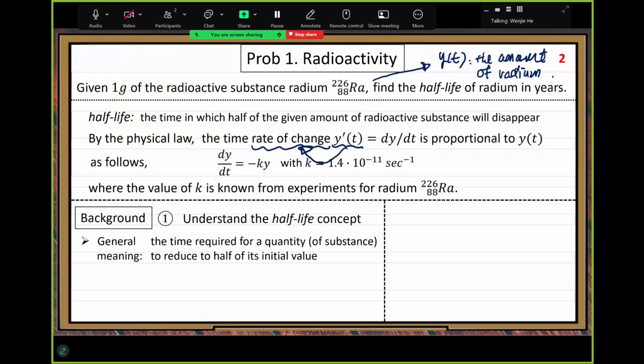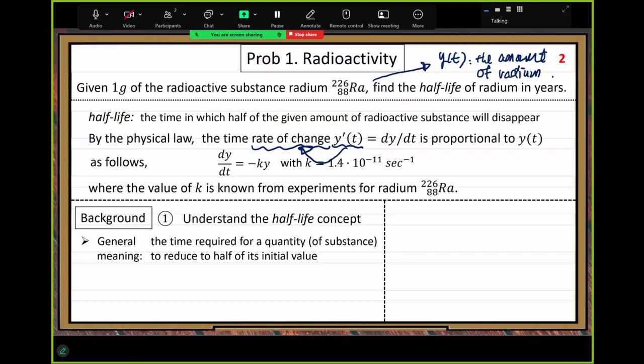So we use this general description. For all substances that fit this description, we can use the half-life concept to describe them.